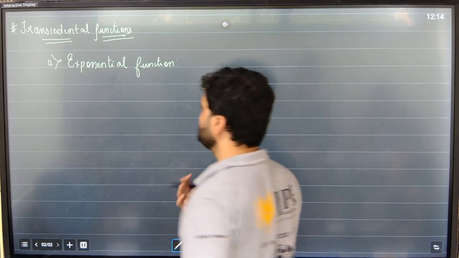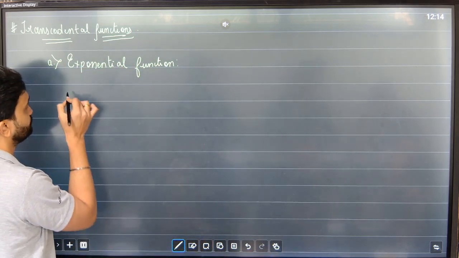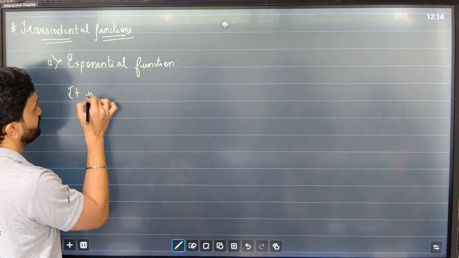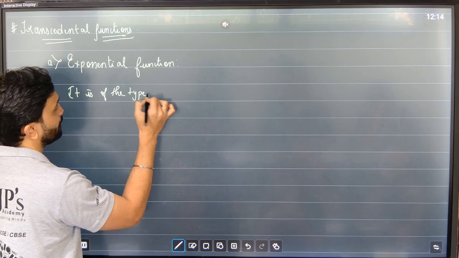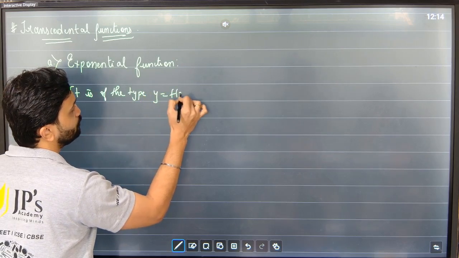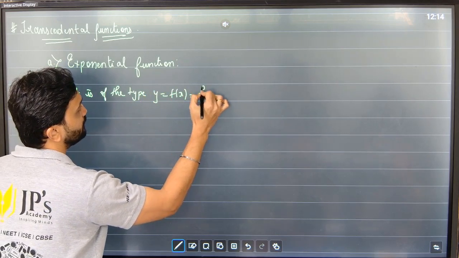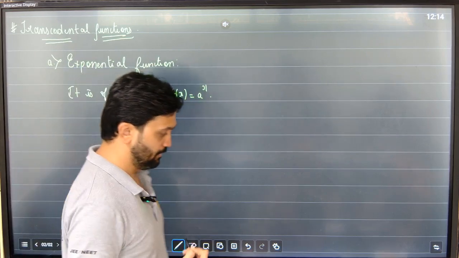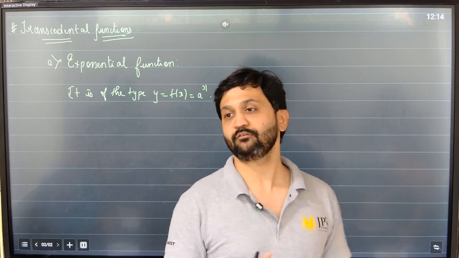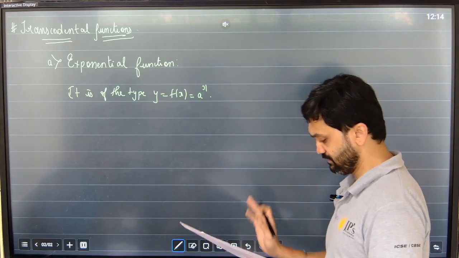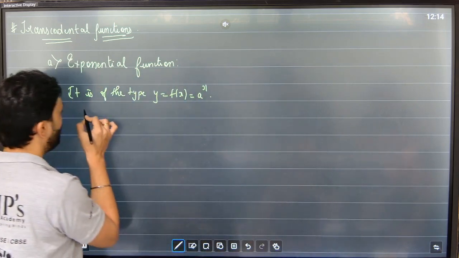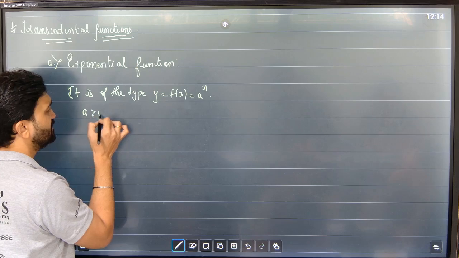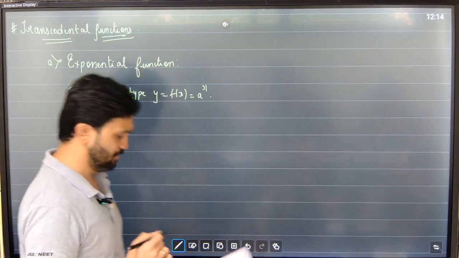Now how does an exponential function look? It is of the type y is equal to f of x is equal to a raised to x. Okay, a raised to x or e raised to x, where a is greater than 0. a is not equal to 0.